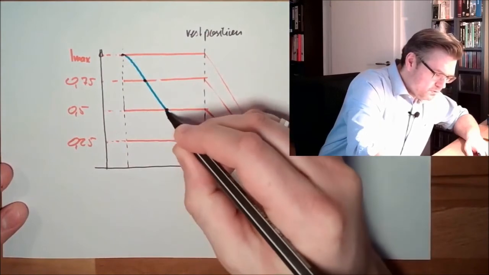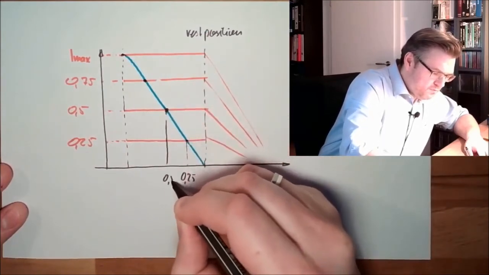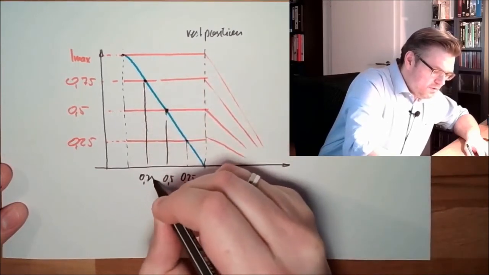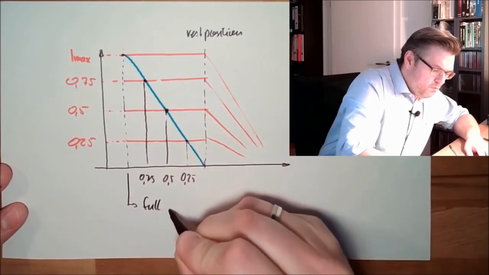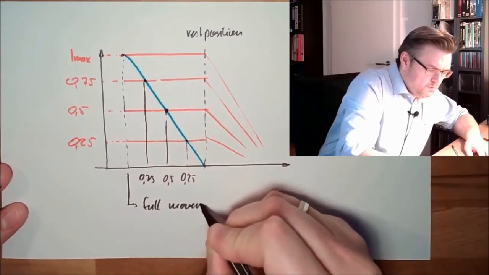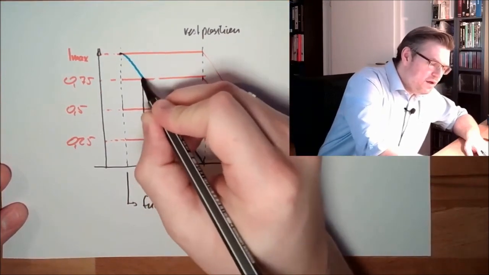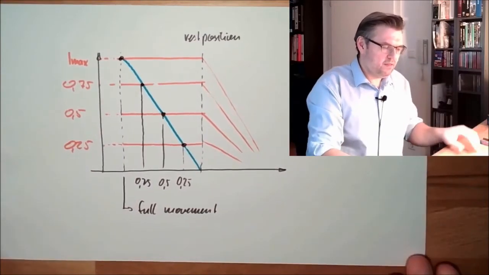We want also to have this 0.25, 0.5, 0.75, and here full movement. This would be ideal, to have a linear relationship between the current and the movement.